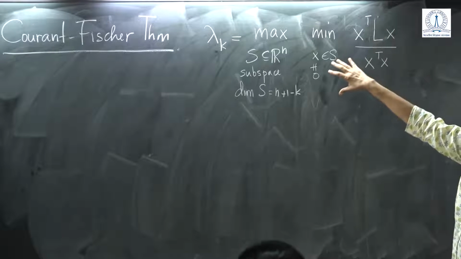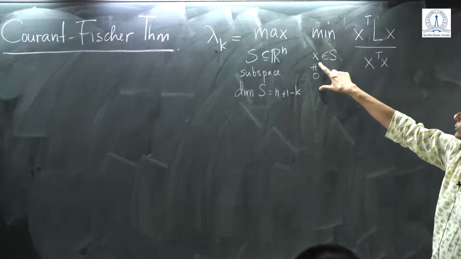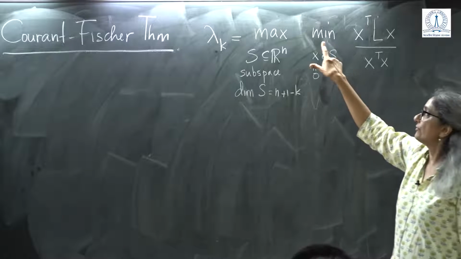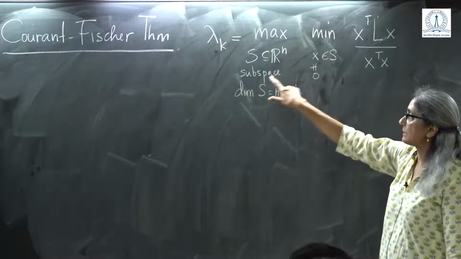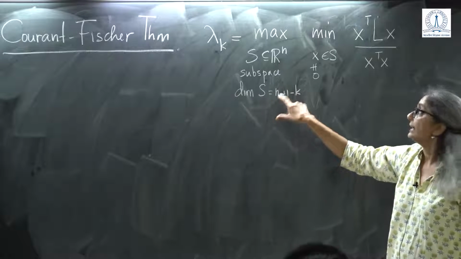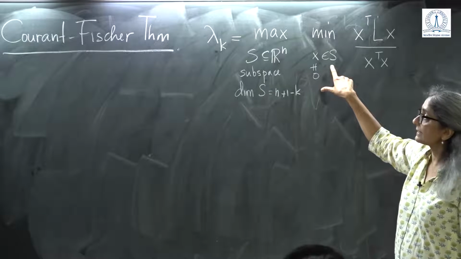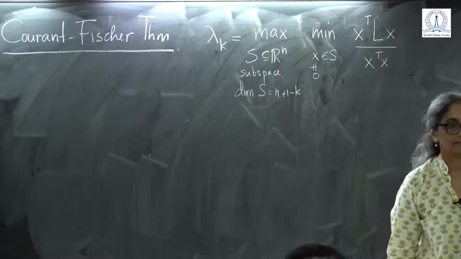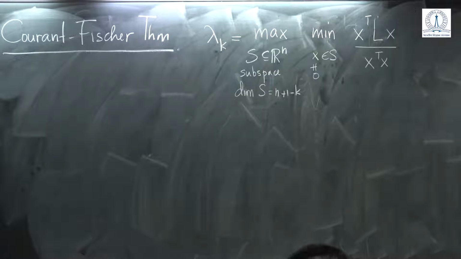You take the minimum of the Rayleigh quotient over all non-zero vectors in S, and S is a subspace of this dimension. Then over all S's you take the maximum. So pick an S, a subspace of dimension n plus 1 minus k, calculate the minimum of the Rayleigh quotient, and then do this for all S's of that dimension and pick the maximum of this minimum.